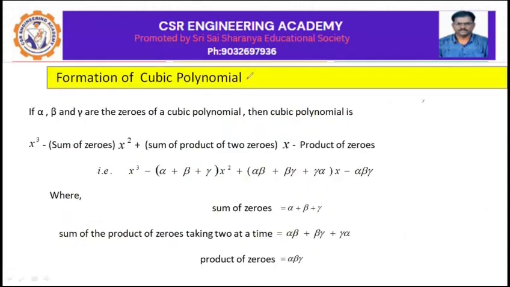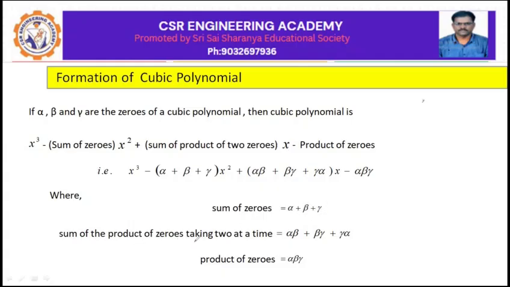Formation of cubic polynomial. If alpha, beta and gamma are the zeros of a cubic polynomial, then the cubic polynomial is x cube minus sum of zeros into x square plus sum of product of two zeros into x minus product of zeros, that is x cube minus (alpha plus beta plus gamma) into x square plus (alpha beta plus beta gamma plus gamma alpha) into x minus alpha beta gamma, where sum of zeros is equal to alpha plus beta plus gamma.